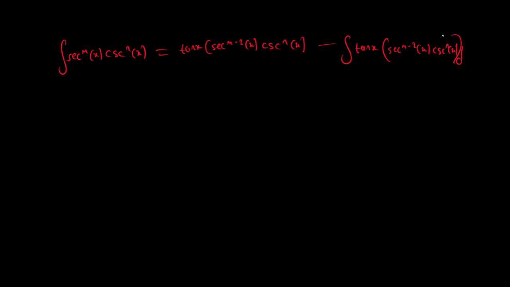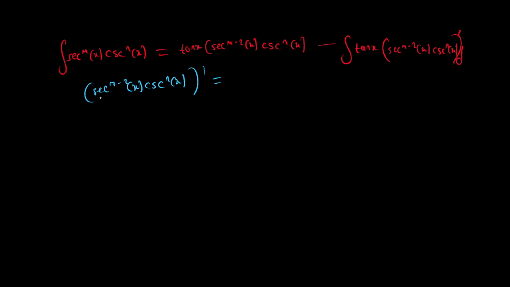Now let's look at the derivative here. Let me change pen. We're looking for the derivative of secant to the m minus 2 of x, and then cosecant to the n of x. What's the derivative of secant of x?